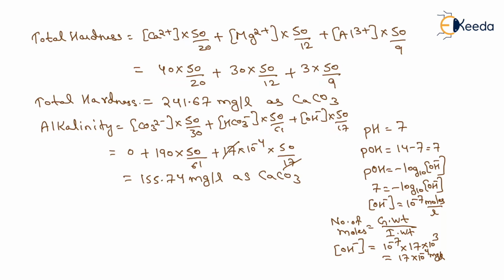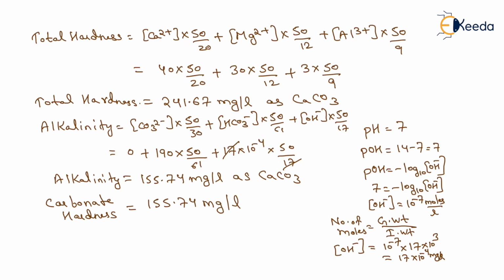Now we know the value of total hardness as well as the alkalinity, so we can determine the carbonate hardness. Carbonate hardness will be equal to the minimum of the total hardness and the alkalinity. The minimum value is the alkalinity, that is 155.74, so the carbonate hardness is 155.74 milligram per liter.